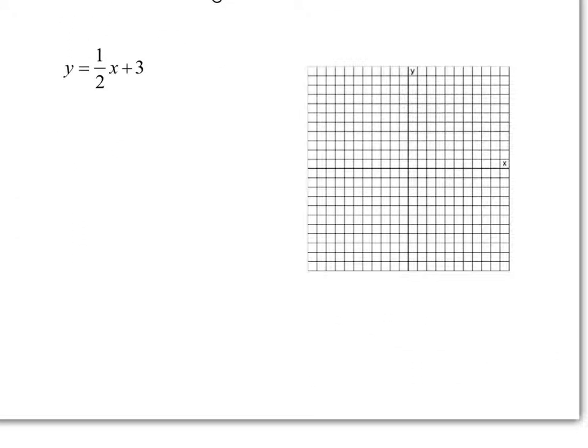Let's try another one. The numbers won't be quite so pretty for this one. So x and y, and I'm going to do 0 and 0. So if I put 0 in place of y, 0 equals 1/2 x plus 3.